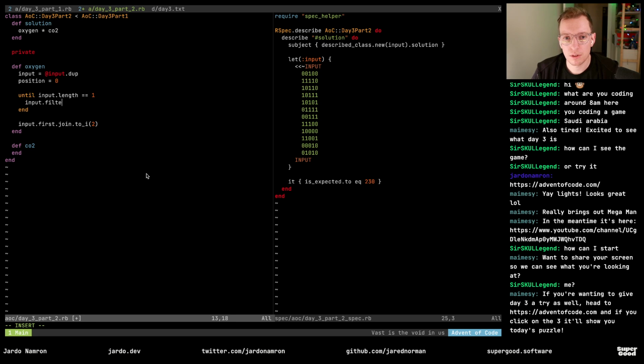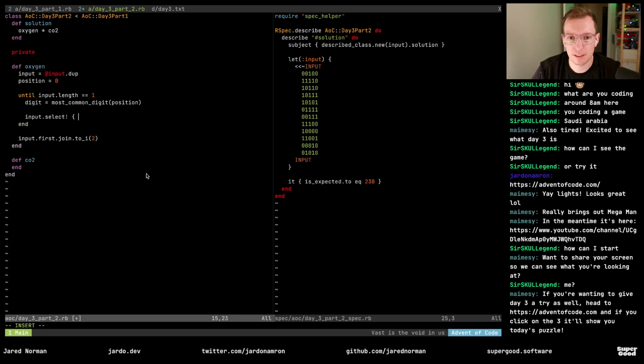Input select, sorry, so a digit we're looking for is going to be the most common digit for the given position, and then we'll just mutate it.